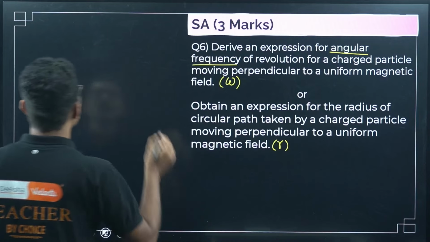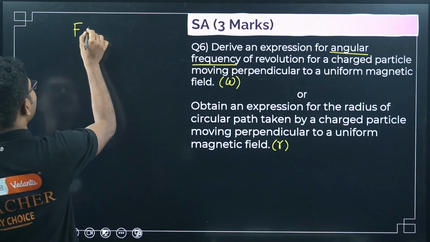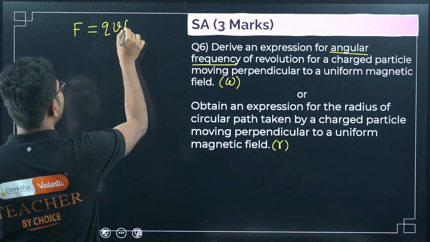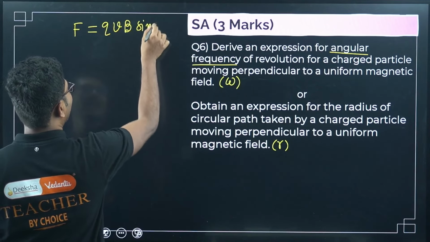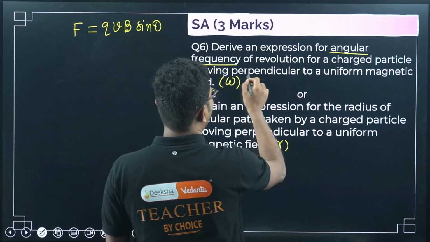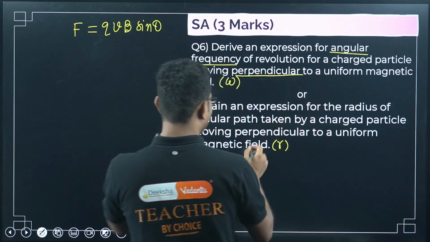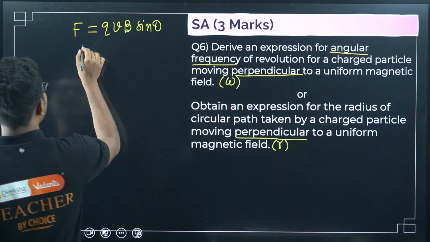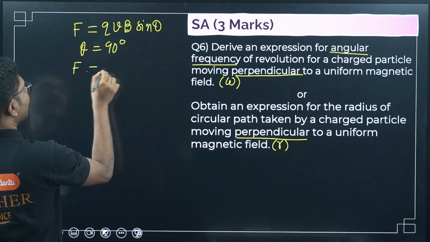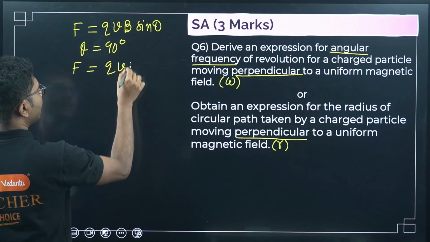We know that the force acting on a charged particle is given by QVB sine theta. Now, in both cases they are perpendicular, so theta is 90 degrees. So we can write that F is equal to QVB.